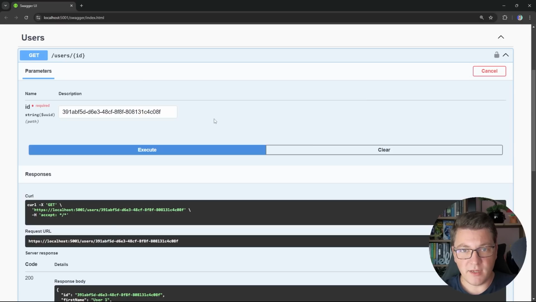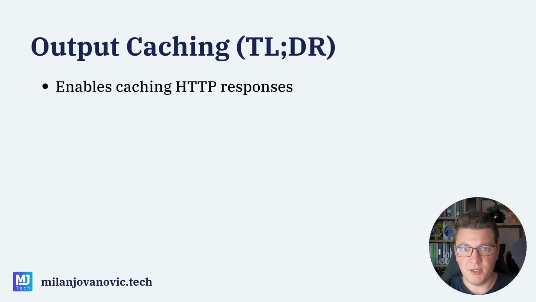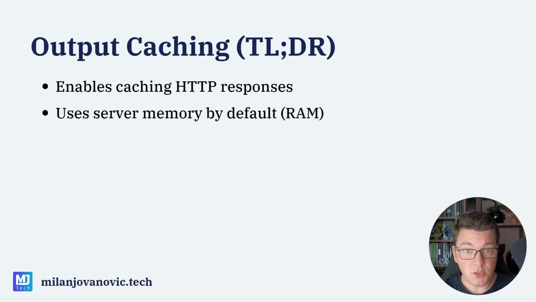So let me give you a bit of a high-level view into output caching before we dive into the fine details. Let's spend a quick moment to discuss what output caching gives us and where it fits in the broader view of a web application. This is going to be a TLDR so that we don't spend too much time on this, but essentially output caching allows you to cache HTTP responses, and this is important, and by default we can only cache the responses to GET and HEAD requests. You also have to know that output caching by default uses the available memory on your server.